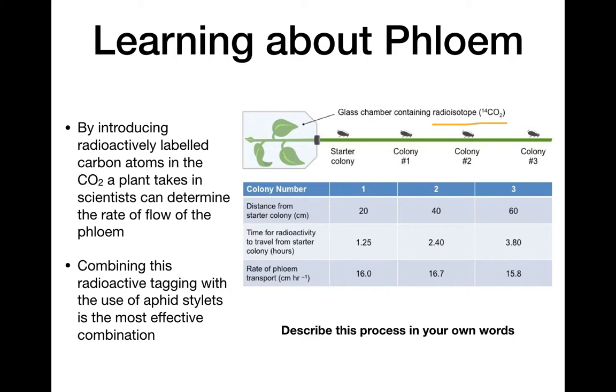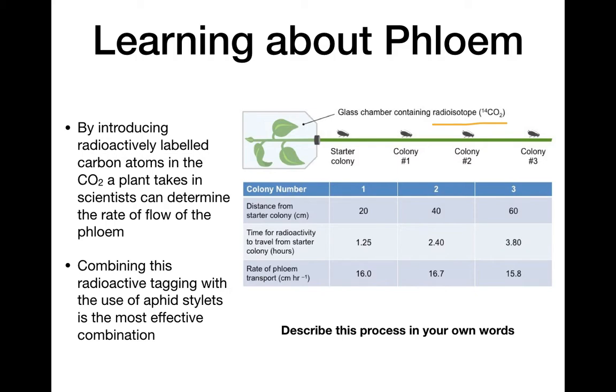From the starter to colony 2 is 40 centimeters, so an additional 20 between here. This took 2.4 hours, so that was 16.7 centimeters per hour. And from the starter all the way to colony 3 took 3.8 hours, or 15.8 centimeters per hour. So it's around 16 centimeters per hour for each one.